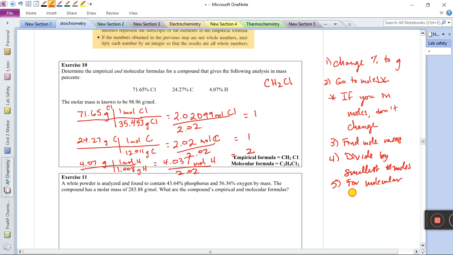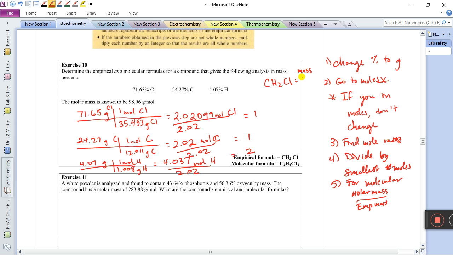This is going to be molar mass divided by empirical mass, and then that's going to be what you multiply by. So what is the mass of 1 carbon, 2 hydrogens, and a chlorine? Around 50. About 50.